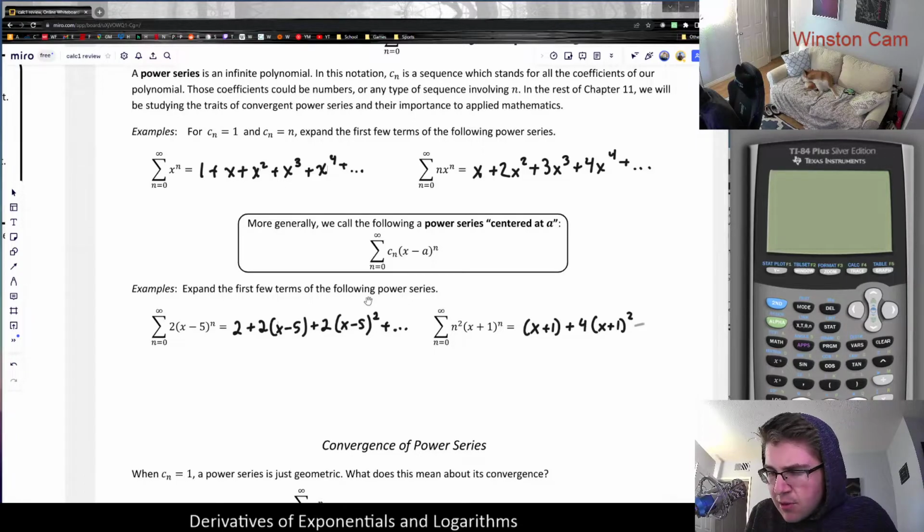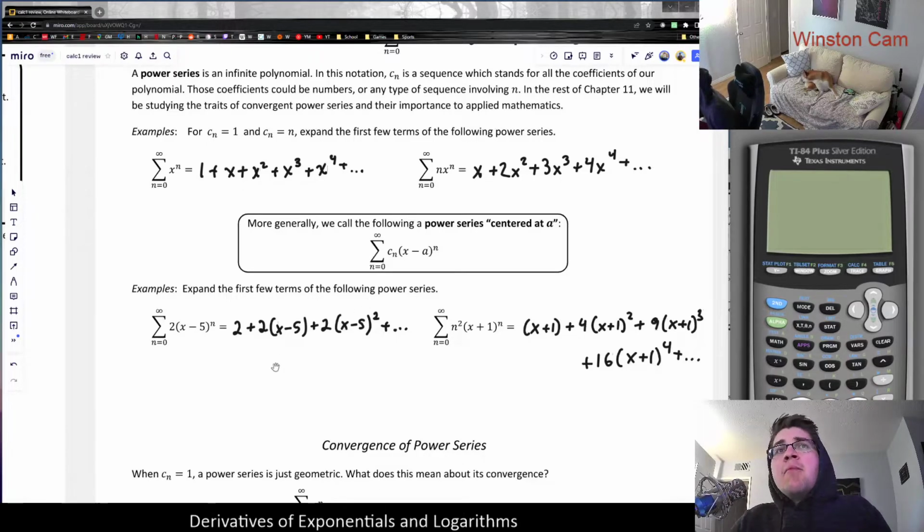When n is equal to 3, we'd have 9 times x plus 1 cubed, and so on, and 16 times x plus 1 to the 4th. We have a very particular pattern for this power series centered at -1. Again, we will be looking more at these later, but this just sets the stage for the basic concepts of what a power series is and how we define it.